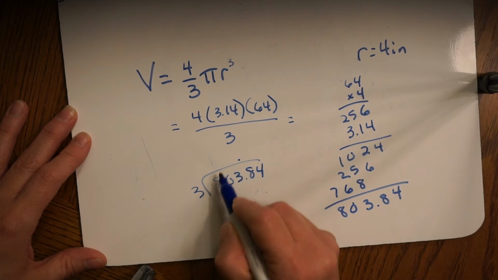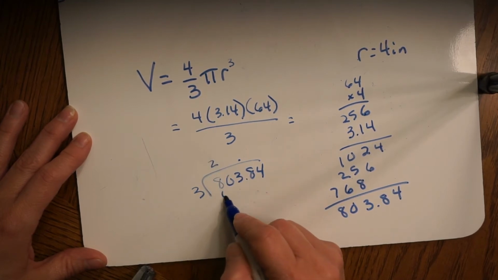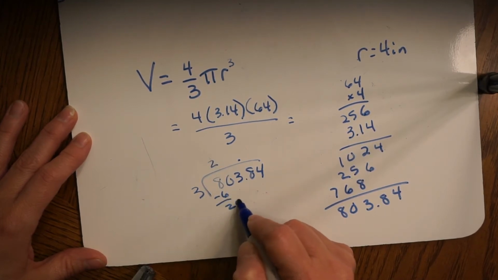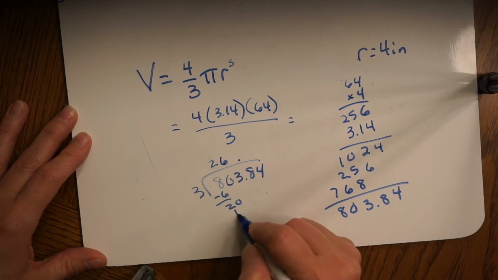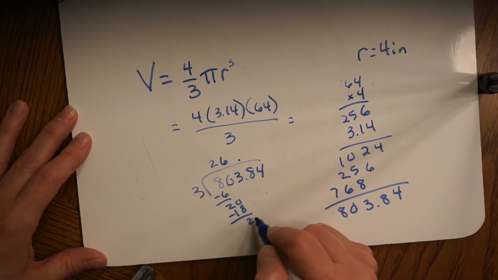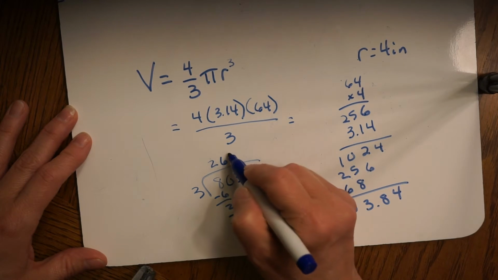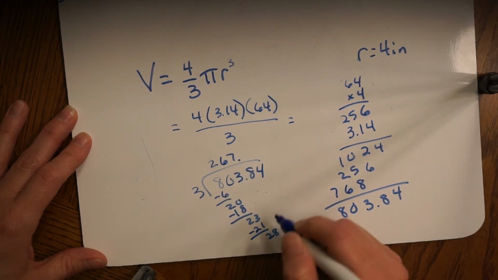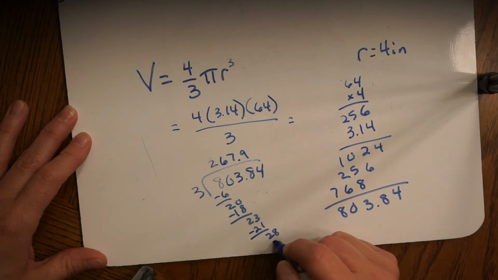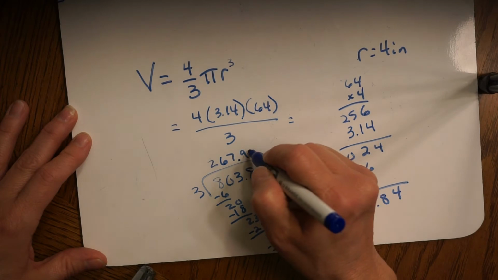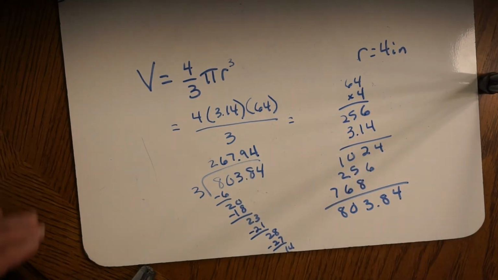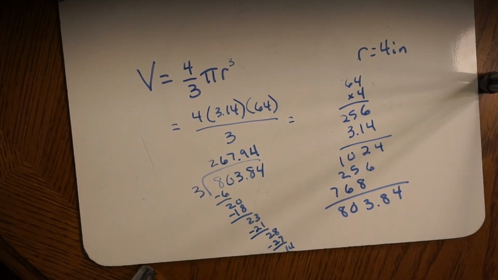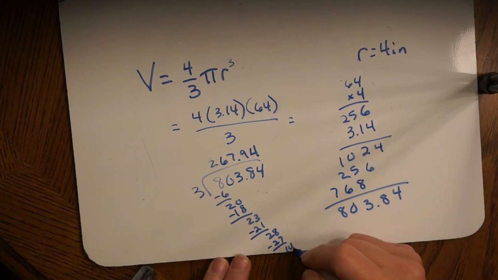Bring my decimal up, goes into that twice. 6, 2, 0 goes into that 6 times. 18, 2, 3, 7, 9, goes into that 4. So I get, and then there's some remainder, but it'll be 2/3.